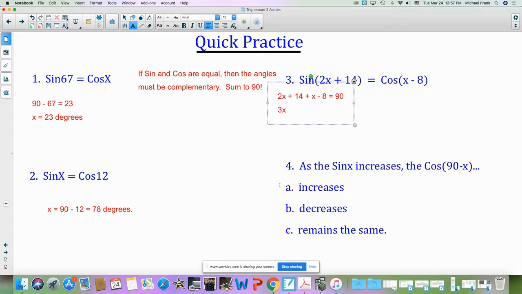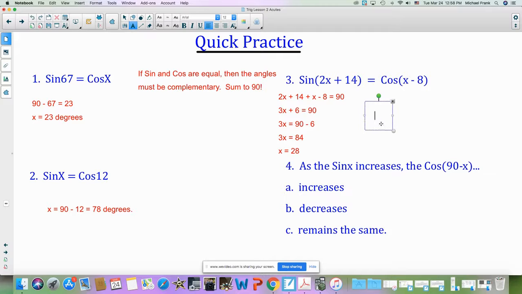Let's add the x's and the numbers, and we get 3x plus 6 is equal to 90. We get 3x is equal to 90 minus 6, so 3x is equal to 84. Divide by 3, and x will be equal to 28 degrees.